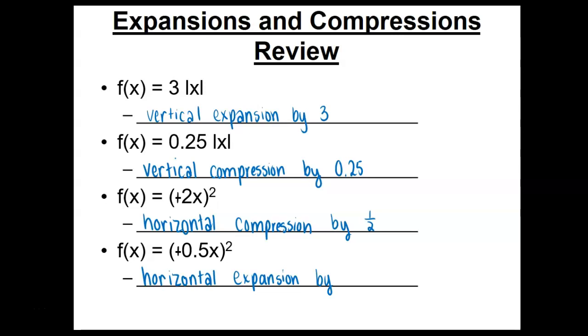It's not going to just be 0.5 because nothing on the inside is easy like it's supposed to be. So 0.5 is 1/2, right? So what we do if it's horizontal, if it's inside, we're just going to flip that fraction. So we'll flip it, it'll be 2 over 1, so we'll just get a factor of 2.